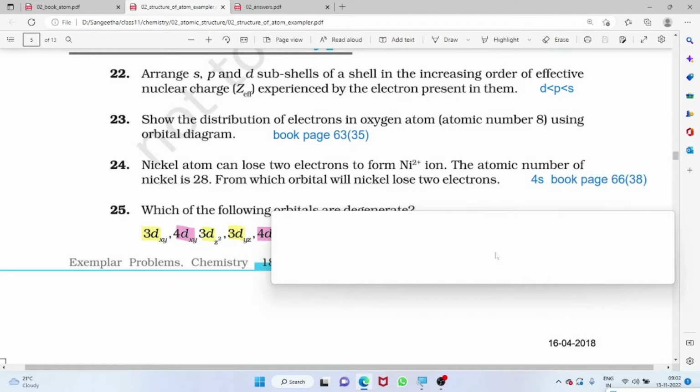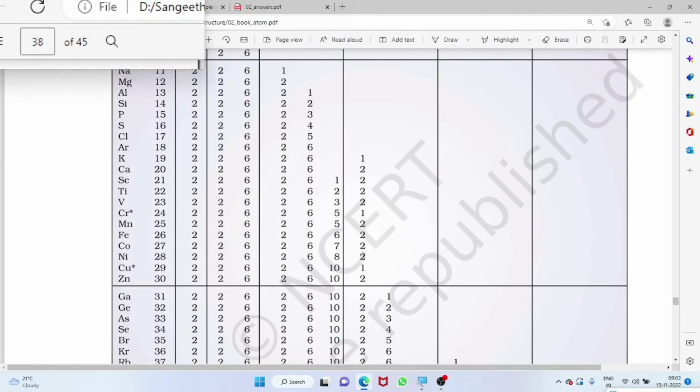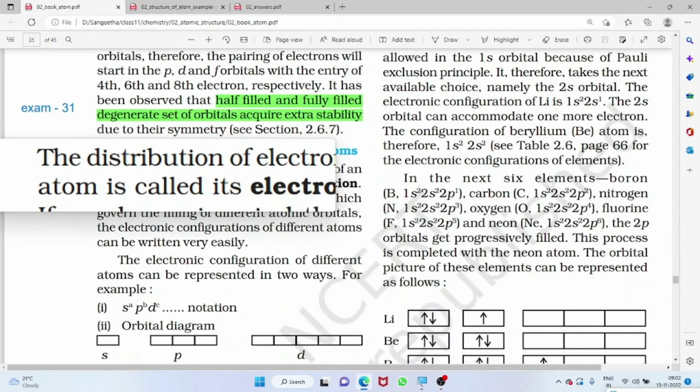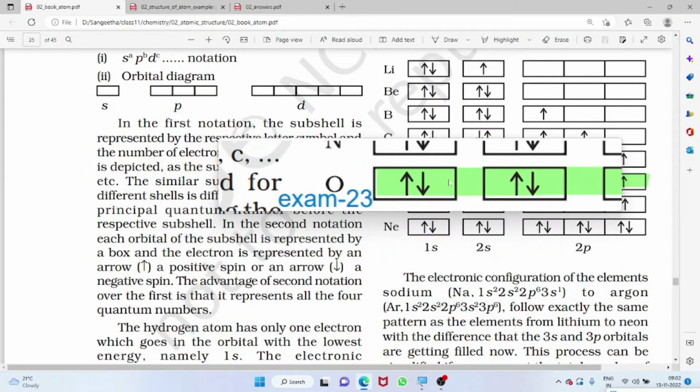Show the distribution of electrons in an oxygen atom, atomic number 8, using the orbital diagram. So this is the orbital diagram of the oxygen.